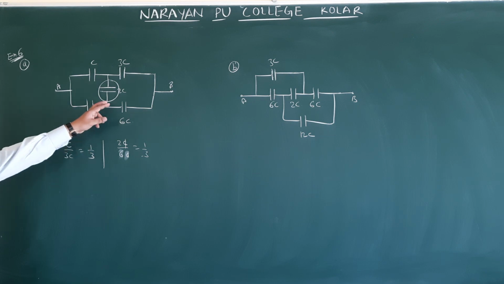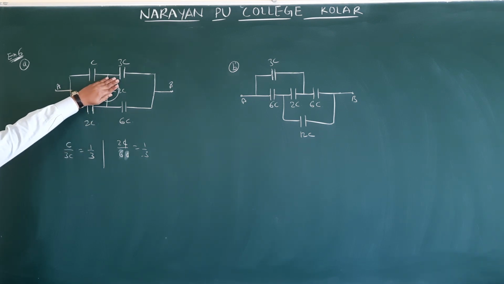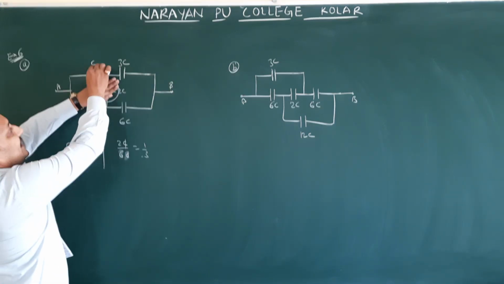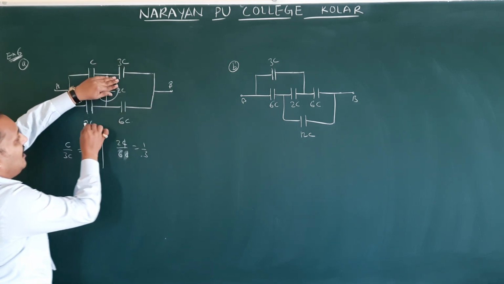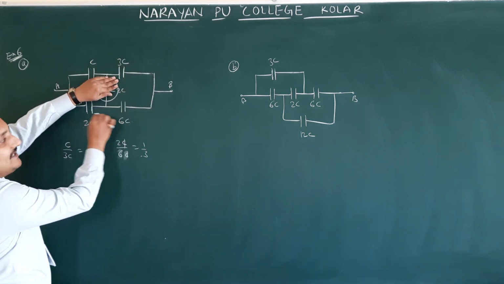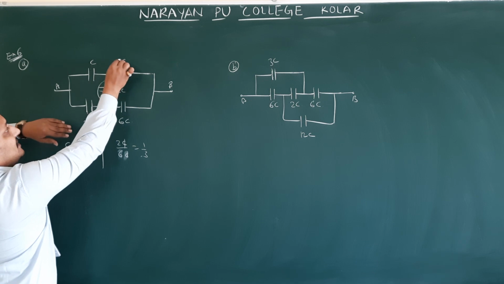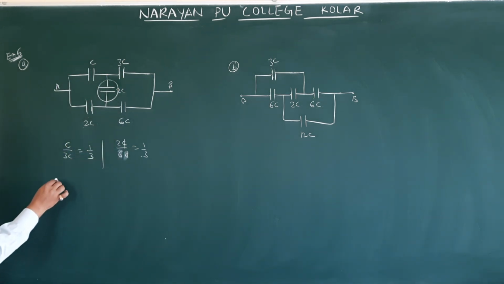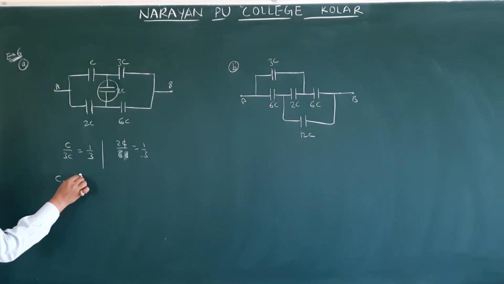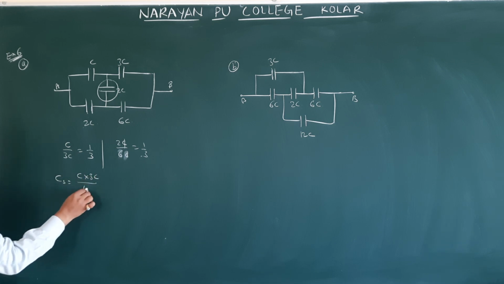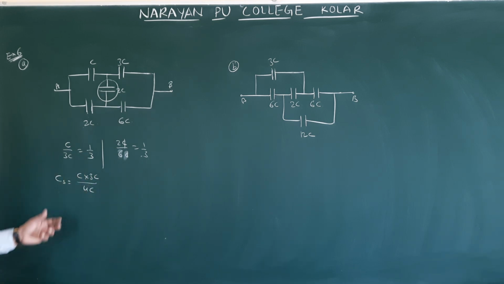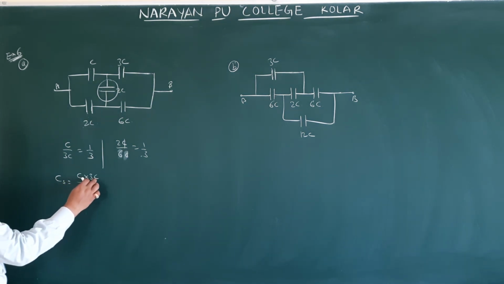If you remove this capacitor, then how are this C and 3C connected? Series. How are this 2C and 6C connected? Series. Now C, 3C: what is the resultant capacity? Cs is equal to C into 3C by 4C. I am writing directly, not C1 C2 by C1 plus C2, because we already used it so many times. C into 3C by C plus 3C, 4C.